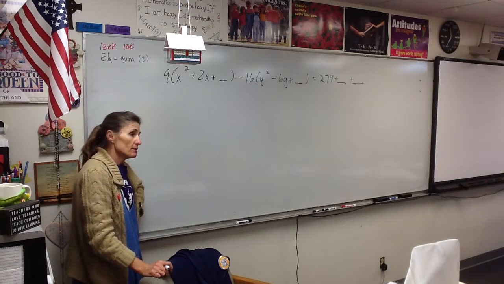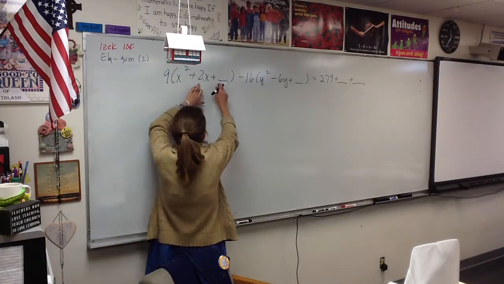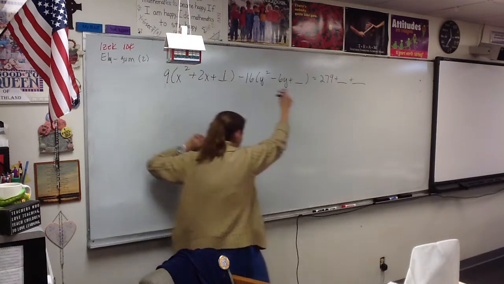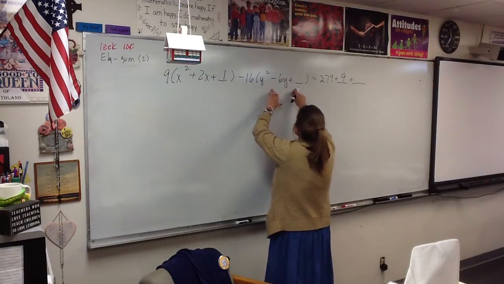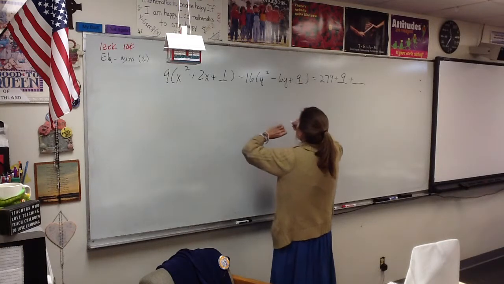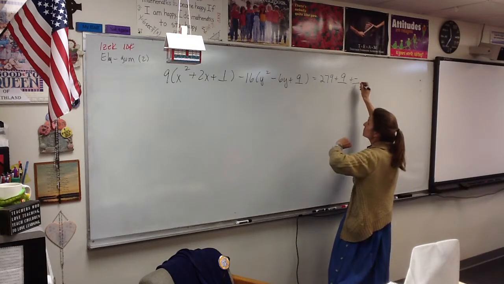Got ready to complete the square, so now I'm ready. What completes the square here? 1, but I'm going to add. What completes the square here? 9, but I'm going to add negative 144, I think. Yeah.